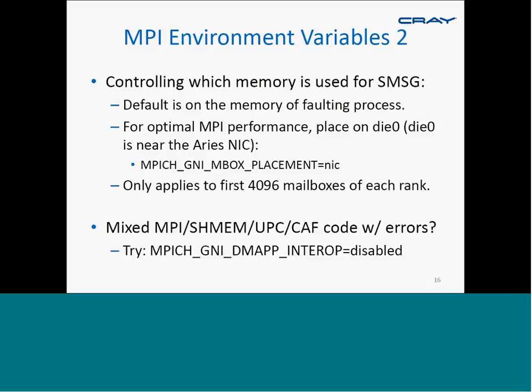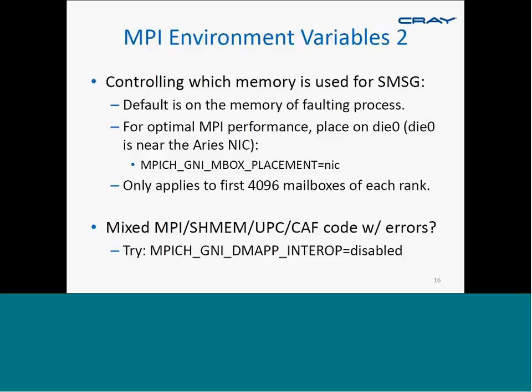So for a couple more here, there is a couple of variables that are used for the small mailboxes that aren't quite default. They are default, I guess that's what I would say. So this is usually small message mailboxes. This may have to fit somewhere.